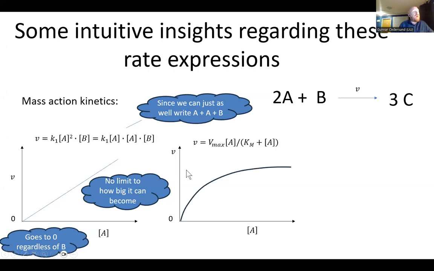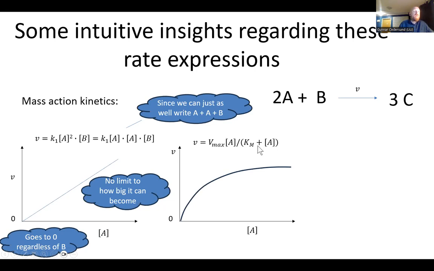So if you want to have such an upper limit for the dependency of one of the substrates or one of the inputs, then you should instead not just multiply with the concentration itself, but with this expression here. So A divided by Km plus A. And why is that? Well, it's because when A gets bigger and bigger, eventually it will get much bigger than Km.